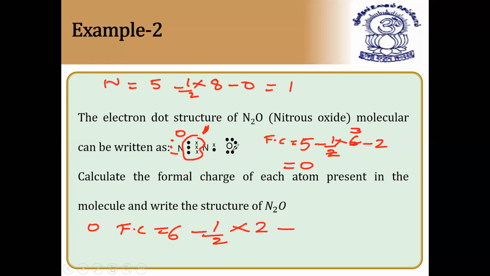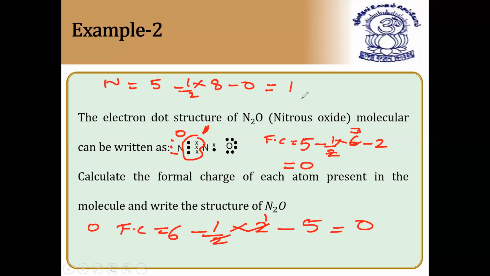And how many unshared electrons? 1, 2, 3, 4, 5, 6. Actually it is 5 electrons. So 6 minus 1 minus 5, it is equal to 0. So the formal charge of the first nitrogen is 0, the second nitrogen is plus 1, and the oxygen is 0.